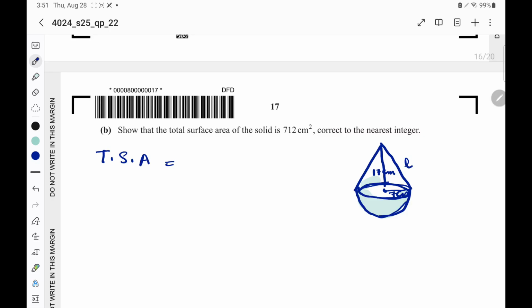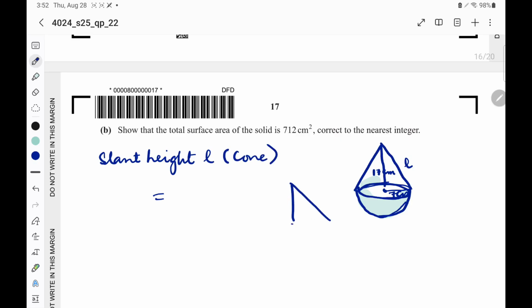And for the hemisphere it is 2 pi r square because the sphere is 4 pi r square, okay? So first of all we'll calculate the slant height, which is L of the cone.